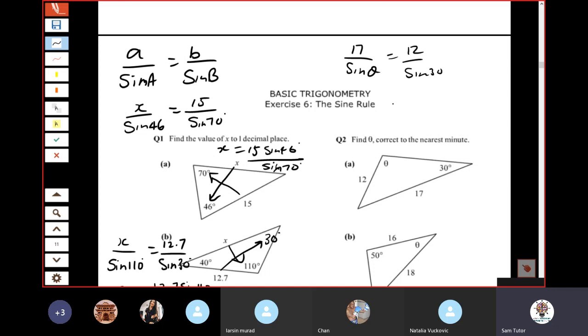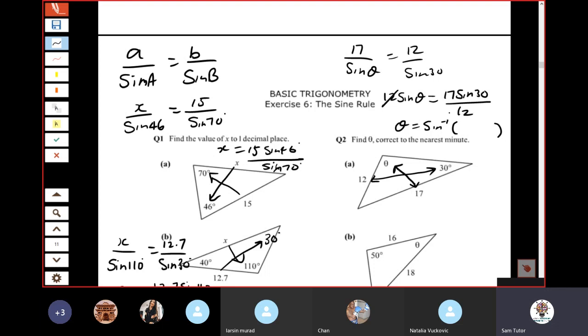You would have to cross multiply and then just divide by the 12 and then shift sine. So 17 on sine theta must equal 12 on sine 30, and then cross multiply.